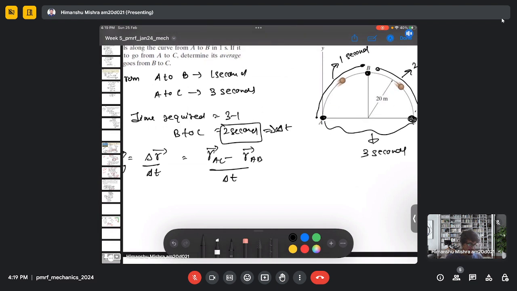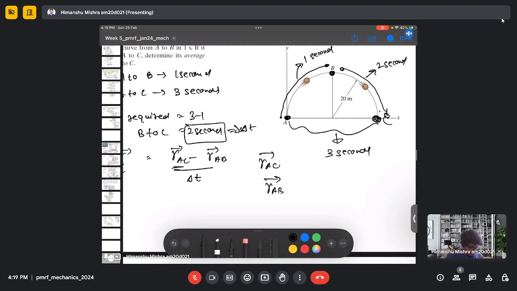Now we need to define this vector r AC and vector r AB. So from figure we can actually easily define. So we know this distance is 20 meter, because it's a radius of this semicircle, and this is also 20 meter. And this distance is again 20 meter. So the distance AC is 40 meter.